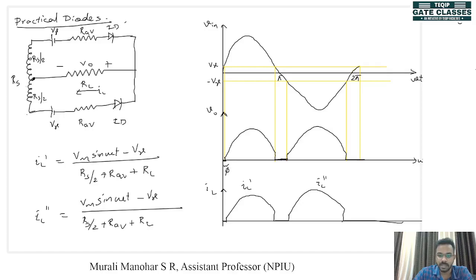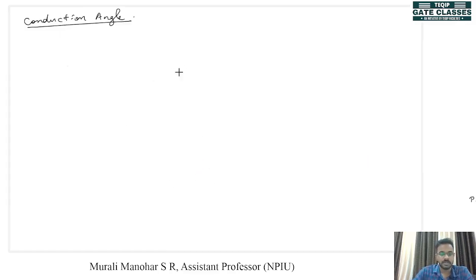So here we have phi, here we have 2 phi, and there is one more phi here, in total 2 pi angle. That means the conduction angle is now equal to 2 pi minus 4 phi, and phi is given by sine inverse V gamma divided by Vm. So just like before, we can find out the conduction angle from this relation. Now we can find out the efficiency.